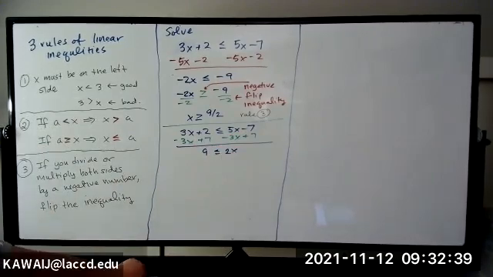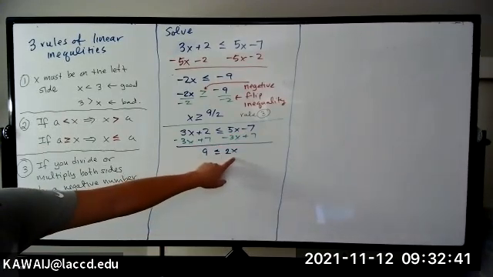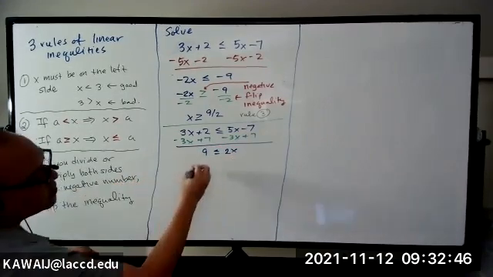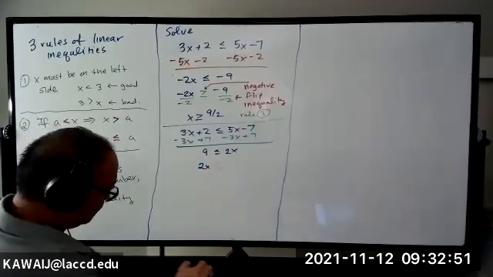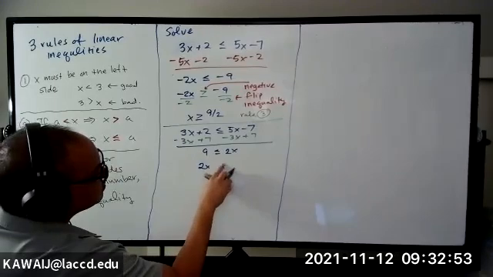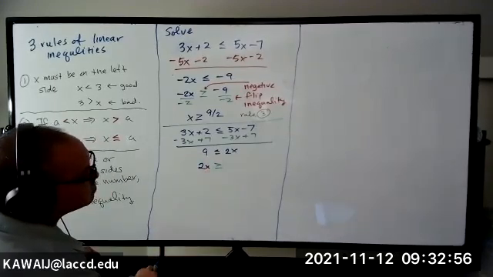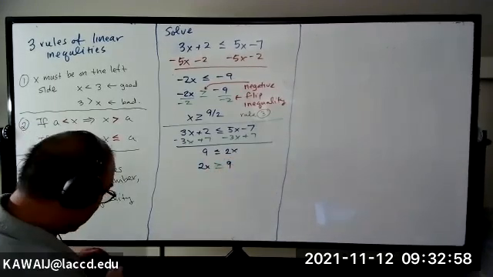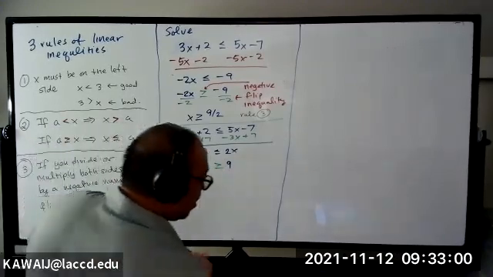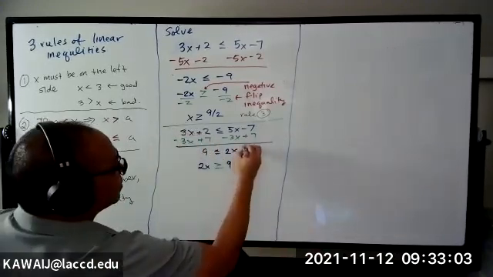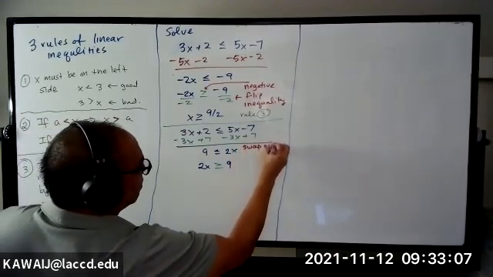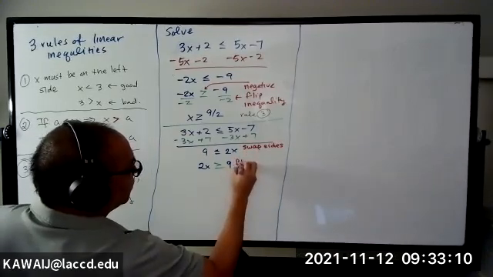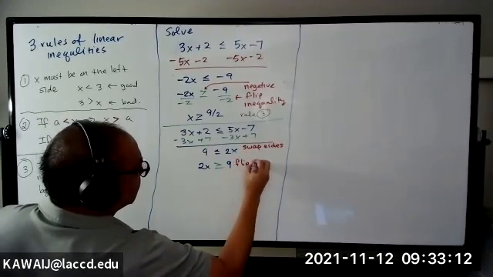Okay, now the problem is that the x is on the wrong side. So what I need to do is change sides. Okay. So over here, when we swap sides, we're going to flip the inequality.